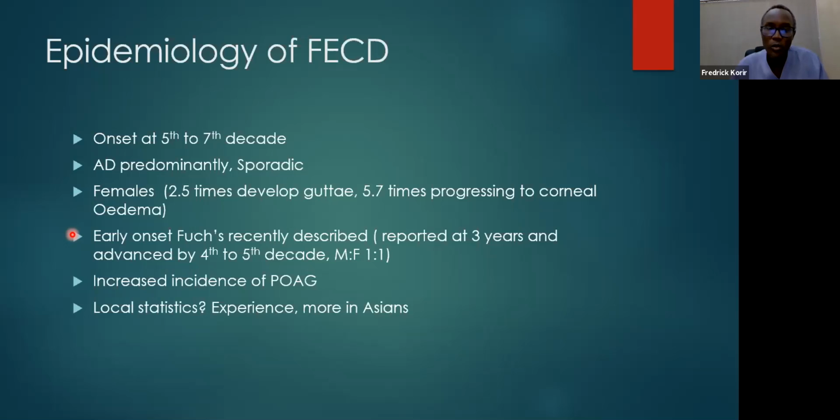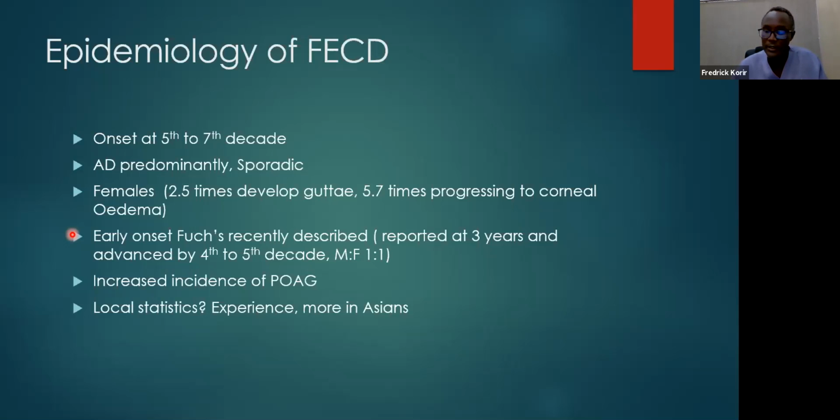Interestingly, we don't have any local statistics for Fuchs, so I'll just speak on my experience. I have probably seen only one African gentleman with Fuchs endothelial dystrophy. The rest of the patients that I have managed have been Asians. I don't have any statistical backup, but I've seen close to 10 who have Fuchs, and only one African.